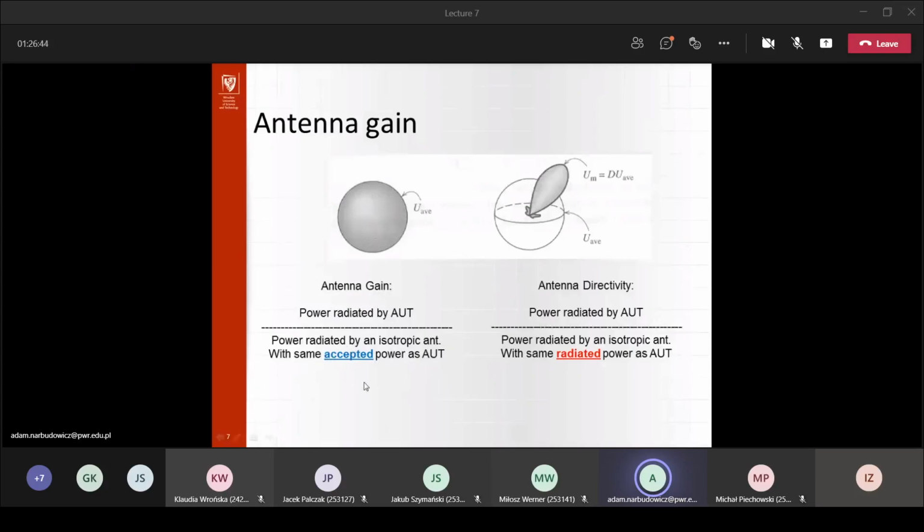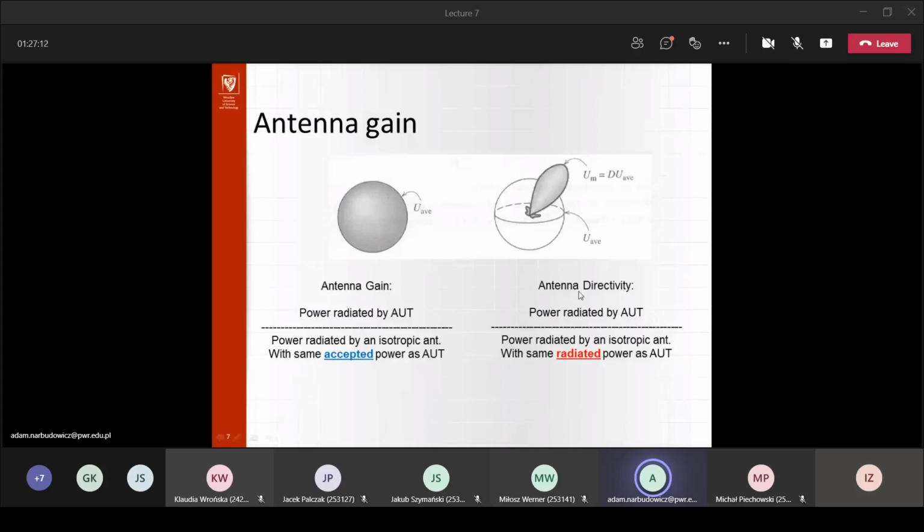Why is the term accepted? Because we are measuring the energy that is not reflected from the antenna input. That includes anything that happens to our signal within the antenna, and that might be different losses.